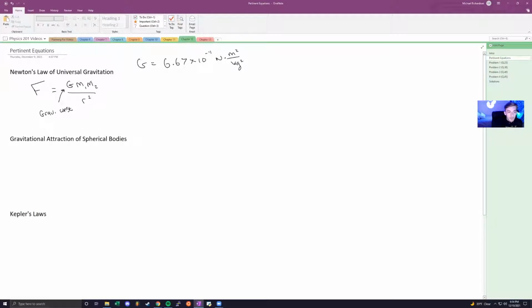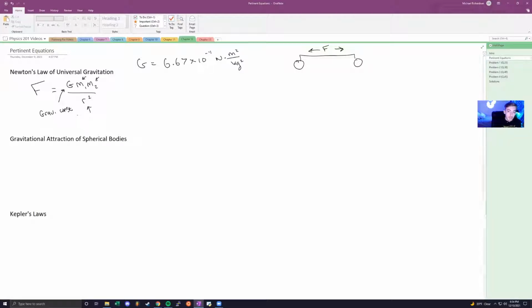So considering we have a mass 1 and mass 2, this is the force between the two of them, meaning that it's reciprocated. So if we have 2 objects like this, then we would be able to find that force just between the two of them, how they're both being pulled towards each other. And the last little part about this is that R is not just a radius.